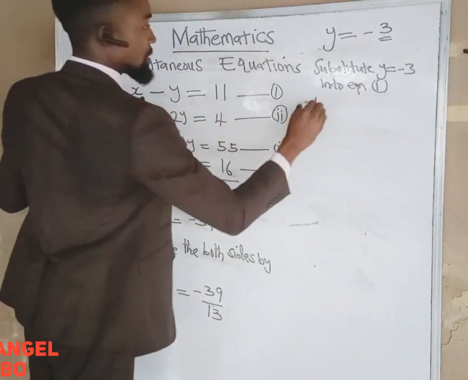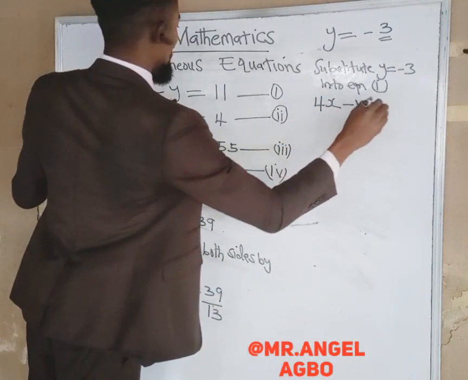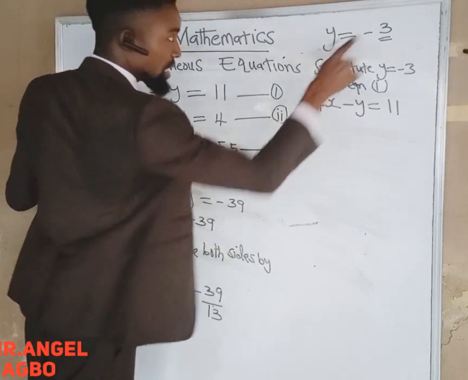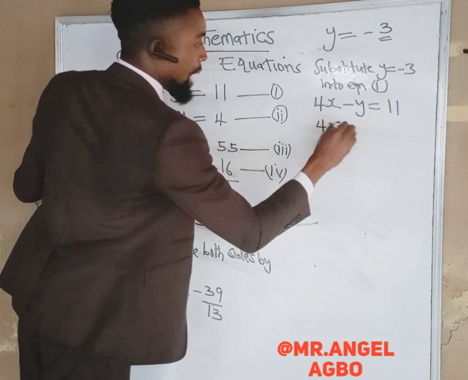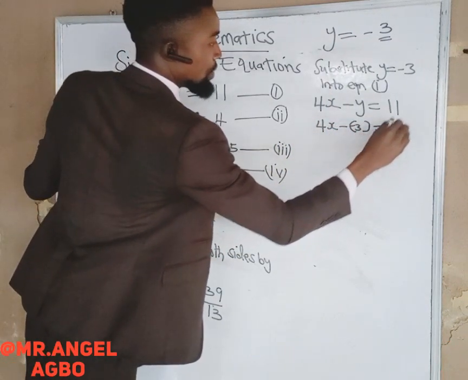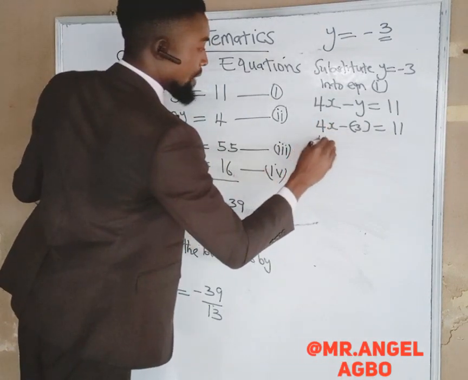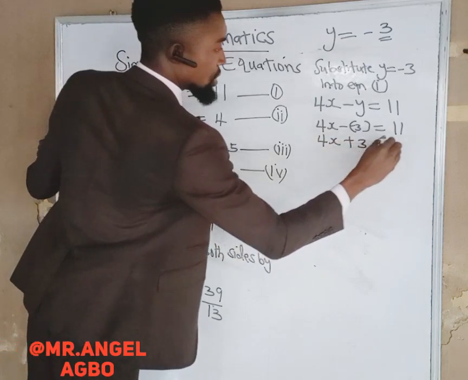Equation 1 says 4x minus y equals 11. Remember our y is minus 3, so it's a negative number. So we have it this way: 4x minus bracket minus 3 equals 11. Minus times minus is plus. So we have the equation as 4x plus 3 equals 11.